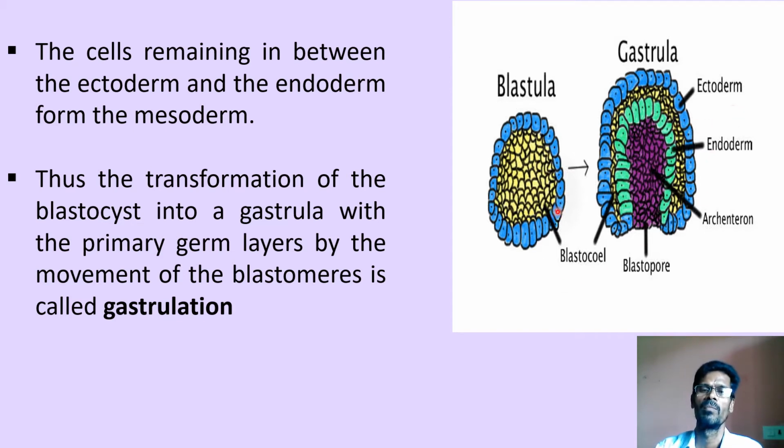So the embryonic stage, namely blastula with a single layer, is later converted into a triple layer gastrula. Such a process is called gastrulation. This gastrulation is brought about by the movement of cells here and there. Such a movement is called morphogenetic movement. So with the morphogenetic movement, the blastula is converted into the gastrula.